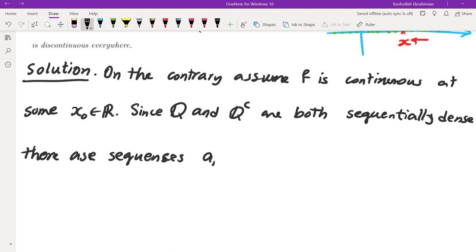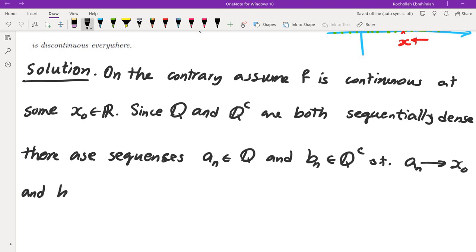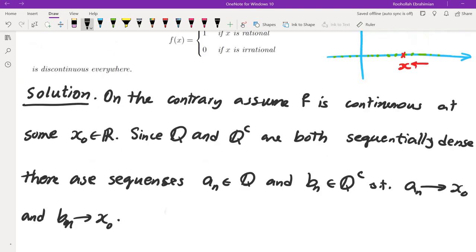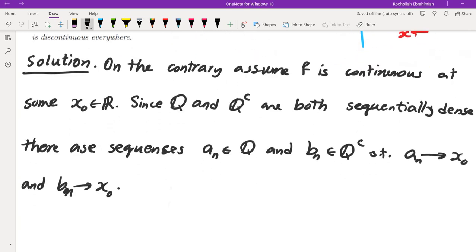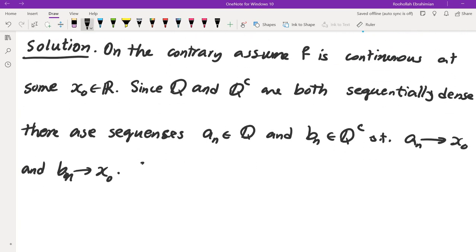sequences a_n in Q and b_n in Q complement such that a_n approaches x naught and b_n approaches x naught as well. Now we know that f is continuous at x naught.